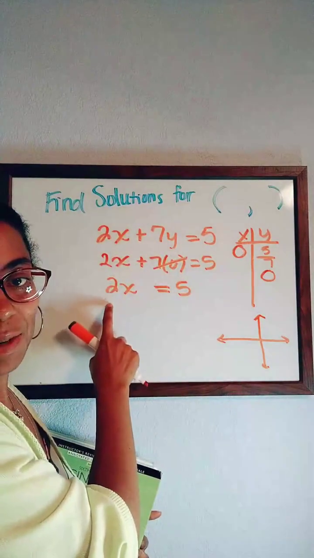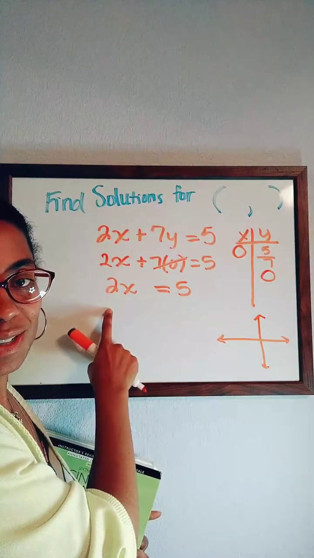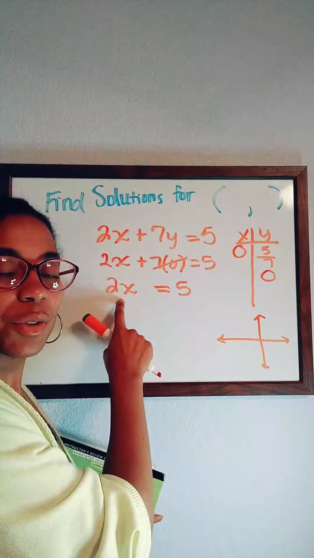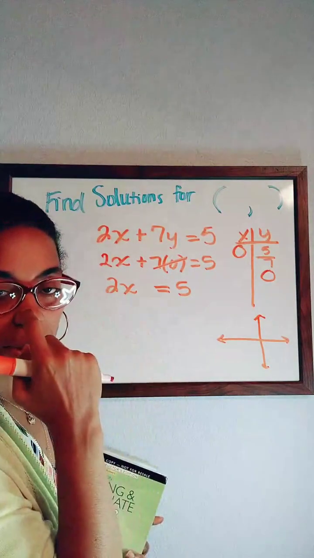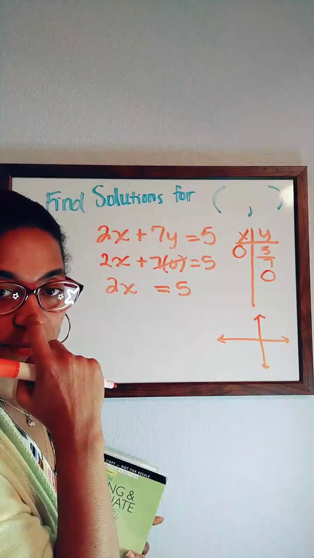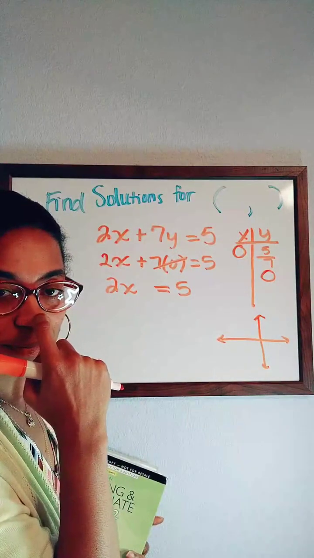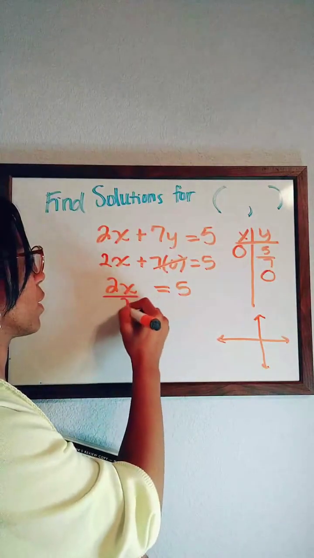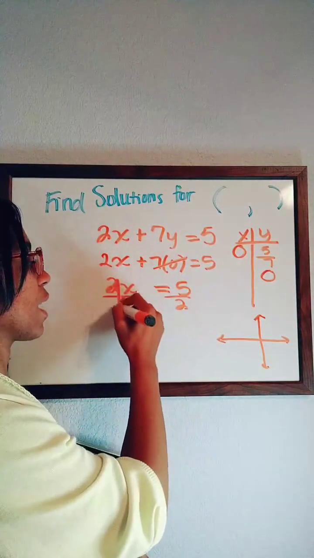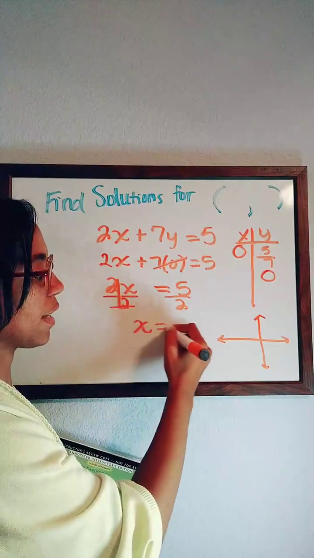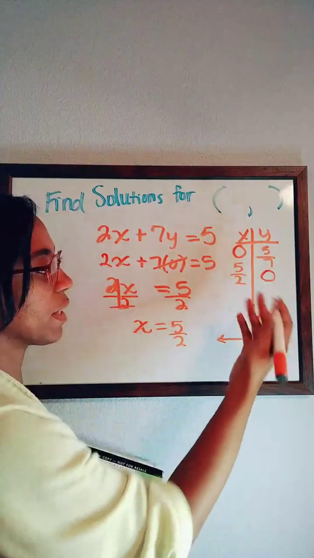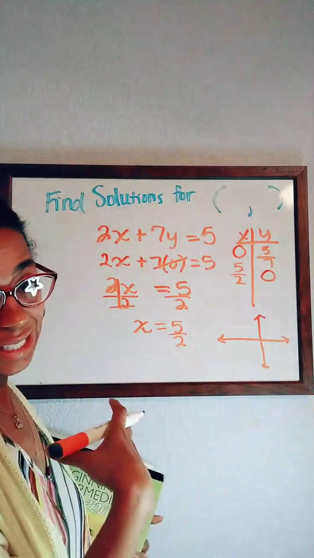And my last step here is to do what? I have to get x by itself. So I need to undo that 2 times x by doing what? Divide by 2. Perfect. This reduces down to a factor of 1, and then x is equal to 5 over 2, or you can write it as a mixed number or a decimal if it's a nice decimal.